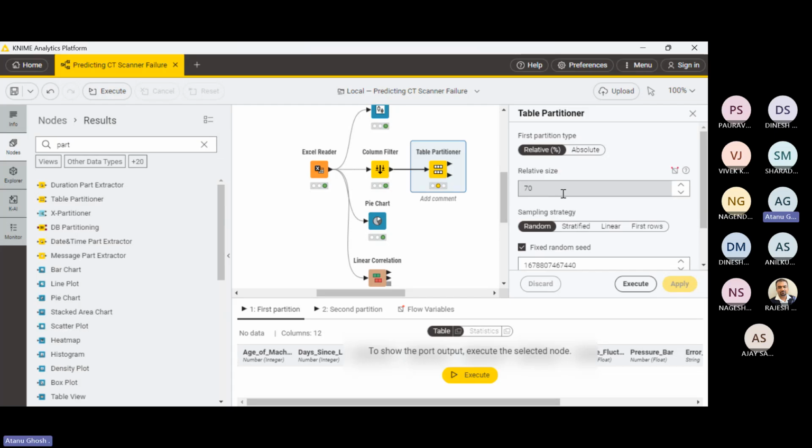Sampling methods are the same. What is the sampling method that we should use? Who remembers? Stratified. Very good. Why not random? Why can random be used in regression but cannot be used for classification?